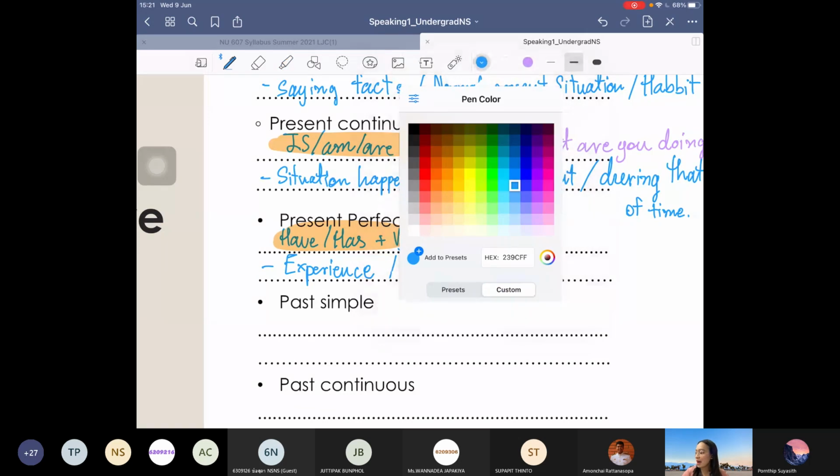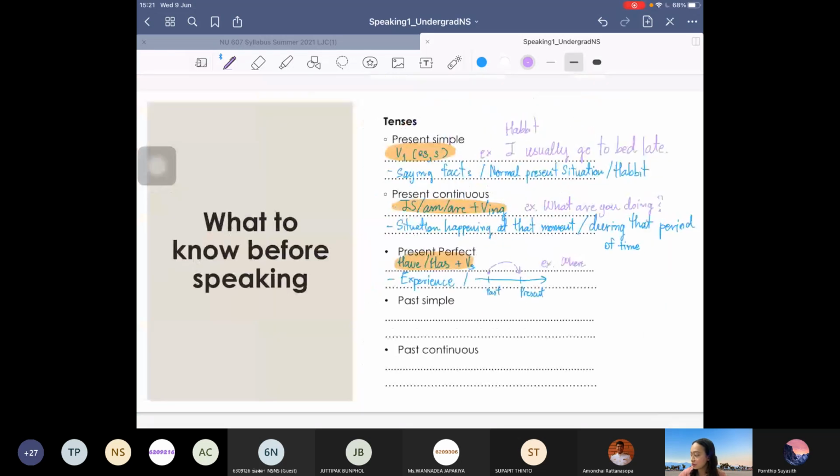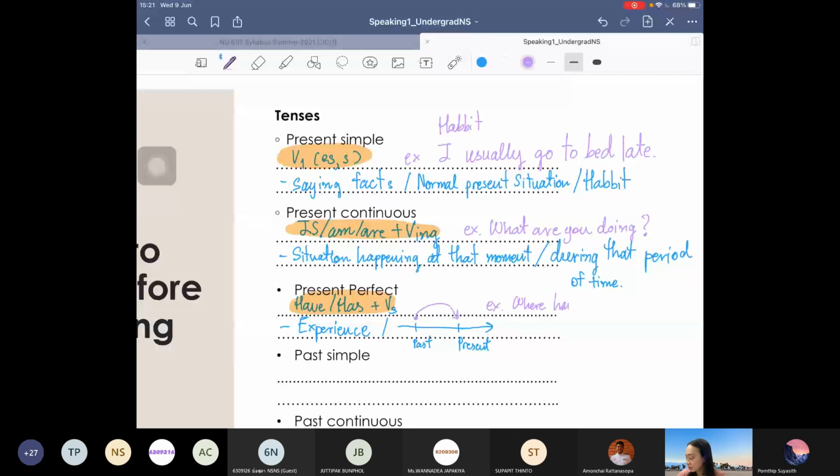For example, you may be asked with this sentence: where have you been in Thailand? โอเค ก็คือตอนที่อยู่เมืองไทยเธอไปอยู่ที่ไหนมา เพราะฉะนั้นในกรณีนี้ this sentence is talking about the experience, whether you have been in one place or not, or you have already been there.